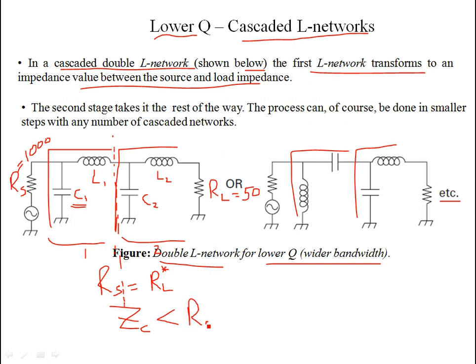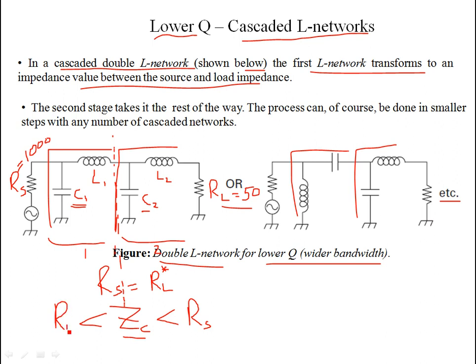And for the second stage, since C2 is again a reactive element in parallel or in shunt with ZC, this ZC is supposed to be greater than RL, because in series with L2 you have RL.